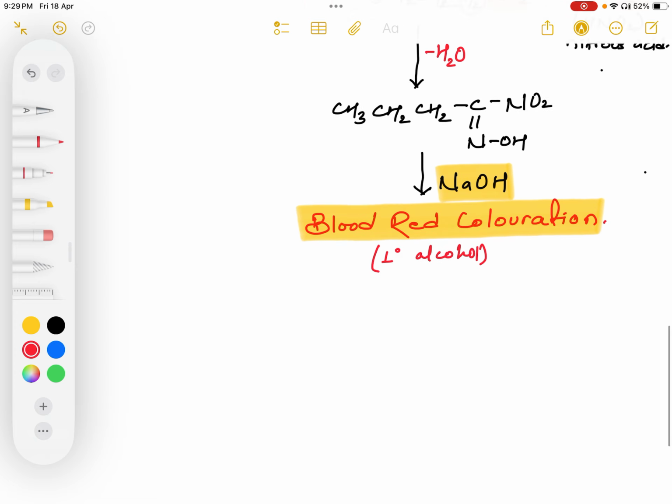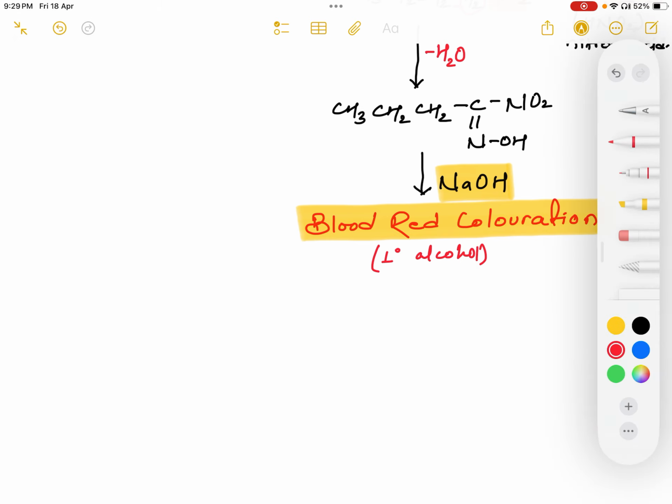Let me go for 2 degree alcohol. What will exactly happen in 2 degree alcohol? For 2 degree alcohol, let me again take the example I took before. Again, I'll be taking CH3, CH2, CH, CH3, and here you have the OH group.